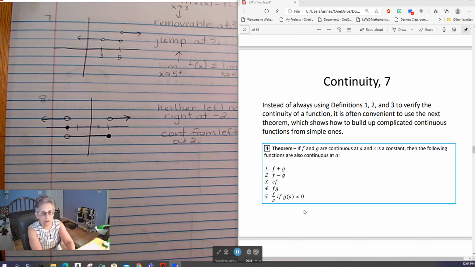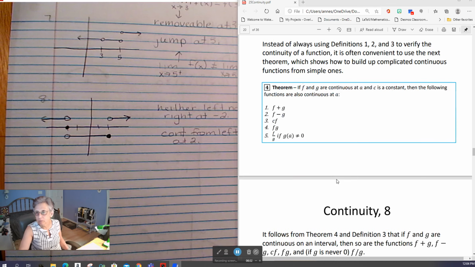If f and g are two continuous functions, you can add them, subtract them, multiply by a constant, multiply them, and even divide them as long as the denominator isn't 0, and still have a continuous function at a point.